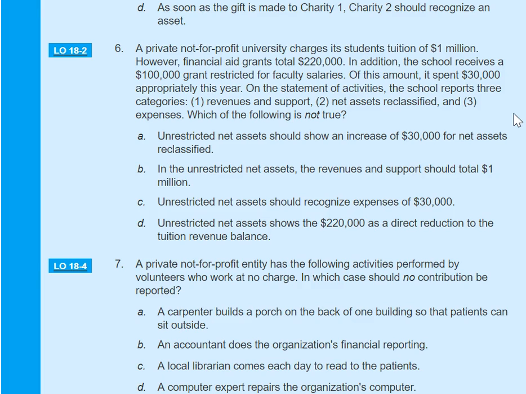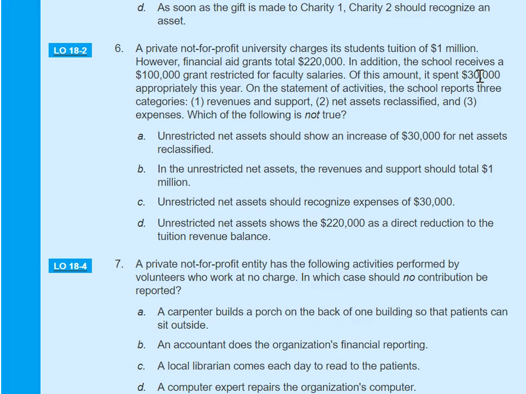Of this amount, it spent $30,000 appropriately this year. So they have these temporarily restricted funds, which they received for faculty salaries, and out of that they spent 30,000 correctly.